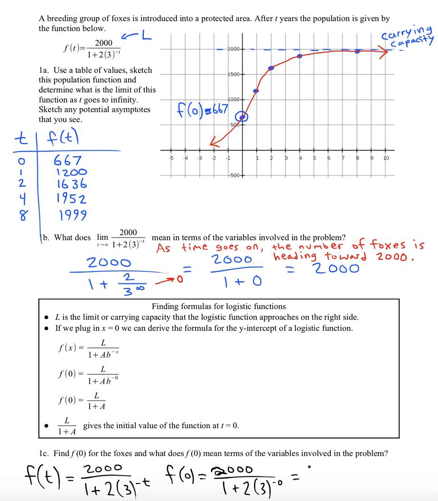That's going to equal 2,000 over 1 plus 2, which is approximately 667. So yeah, we can always use this formula. When we want to know the initial value, just take the limit L and divide by 1 plus A.